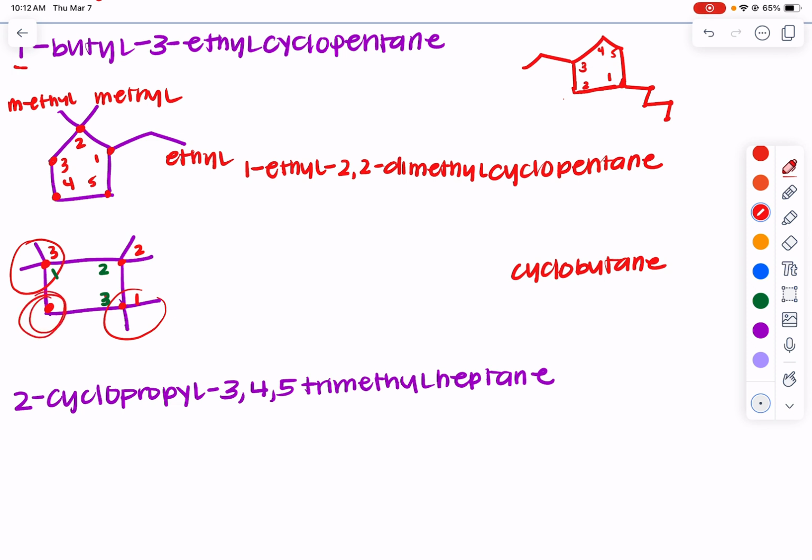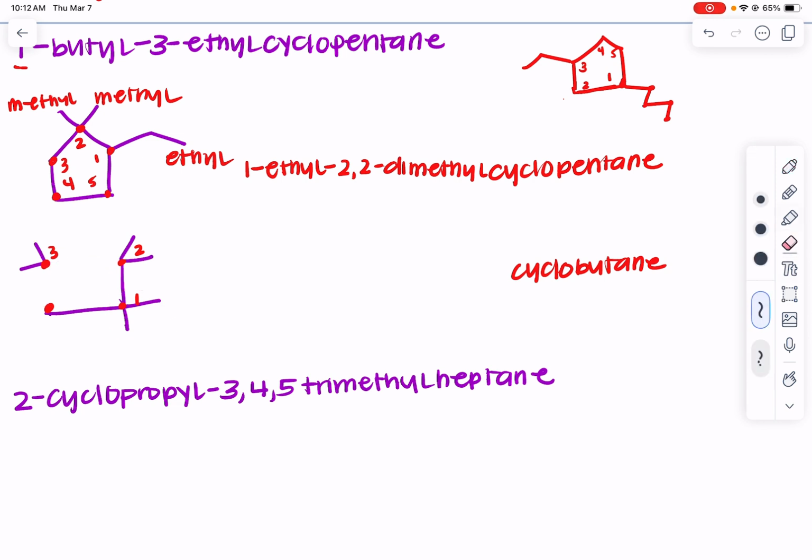If we include this, then one of our substituents is going to be on carbon number 4, and we do not want that. So if we do the one in red and not green, whoopsies.